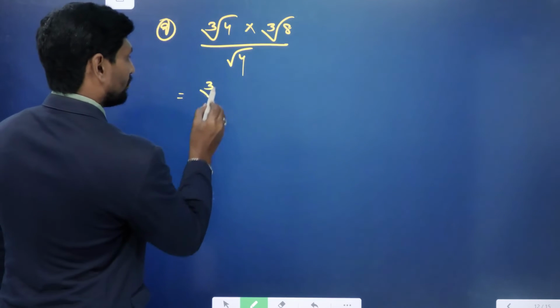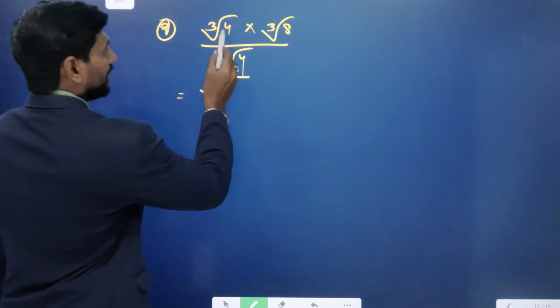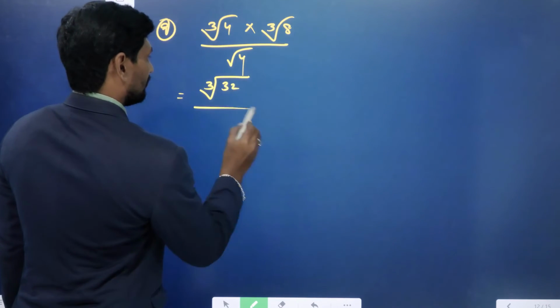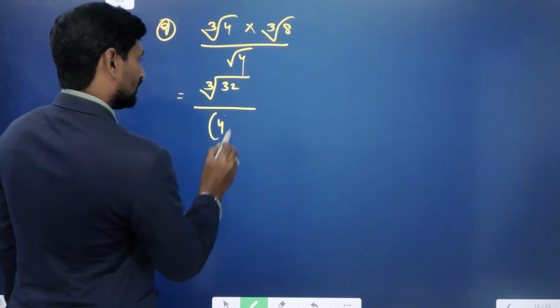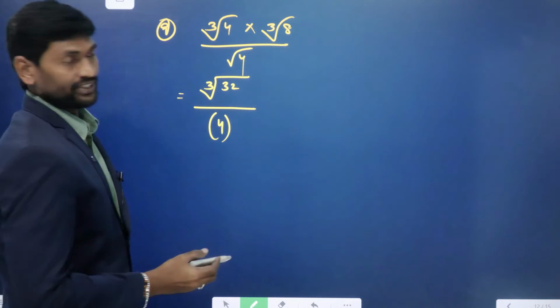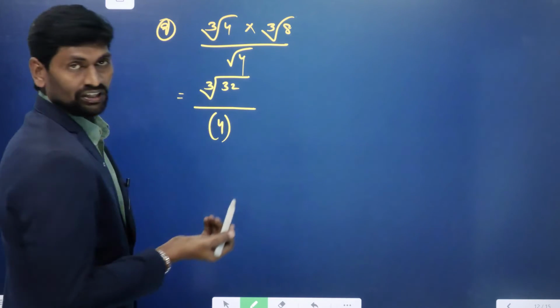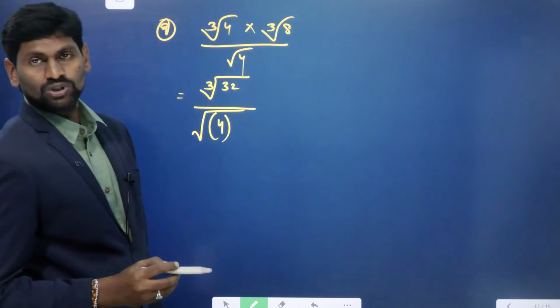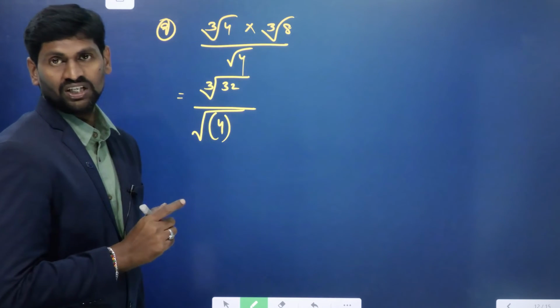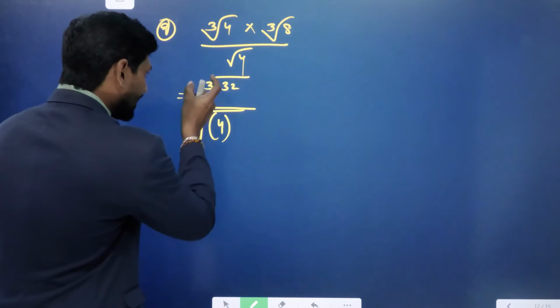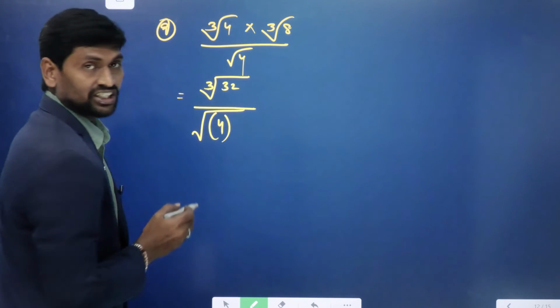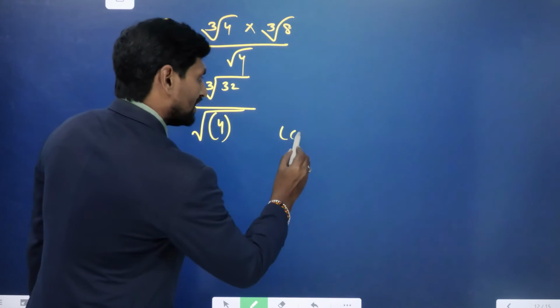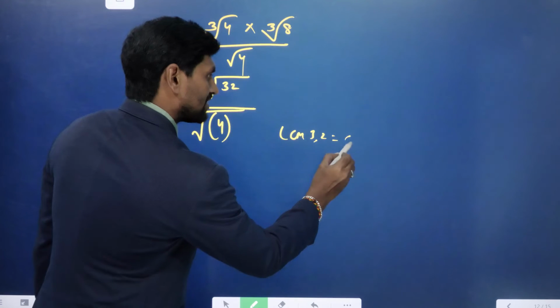Both are the same order, we can multiply. 4 into 8, 32. Now this fourth one is order 2, no? But it should be 3. How to convert them? That means I am changing both of them into similar surds. Here order 3, here order 2. The LCM of 3 and 2 is 6.